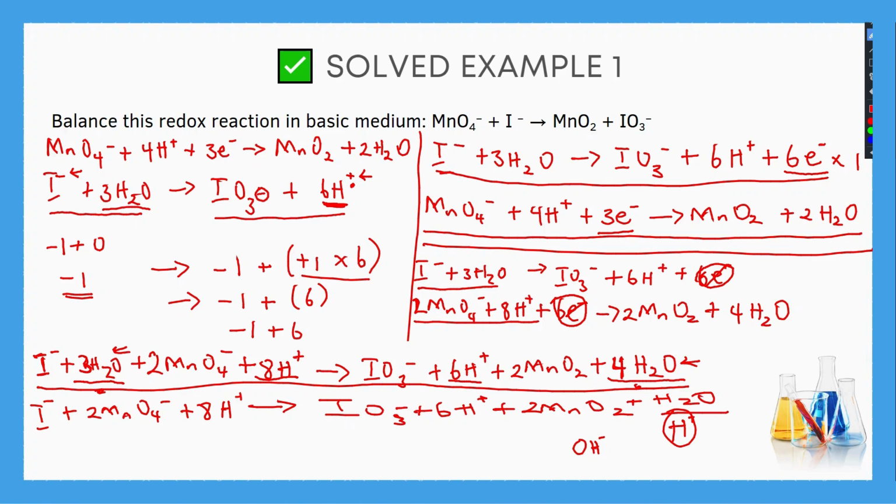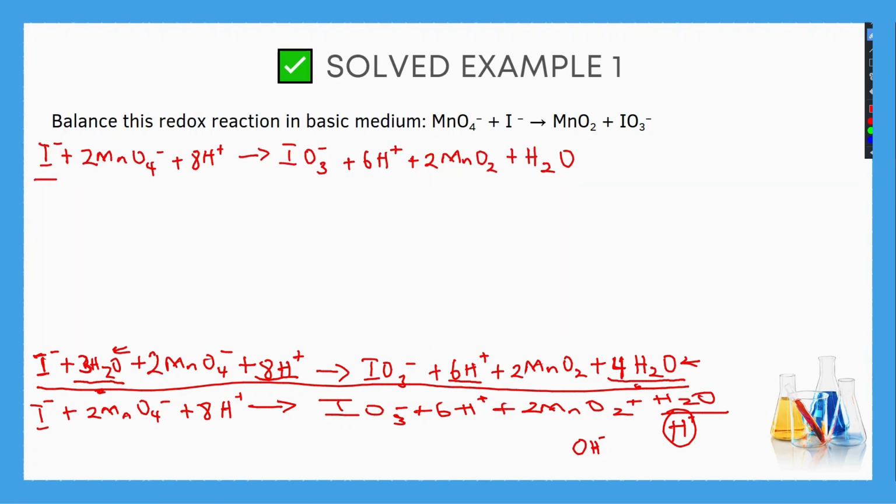So now, seeing this equation like this, are there any atoms that are similar on both sides? We have hydrogen ions here, and then we have hydrogen ions here. How many hydrogen ions do we have here? We have 6, and then over here we have 8.